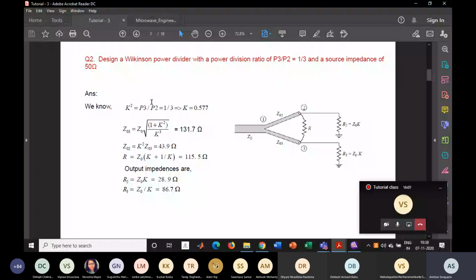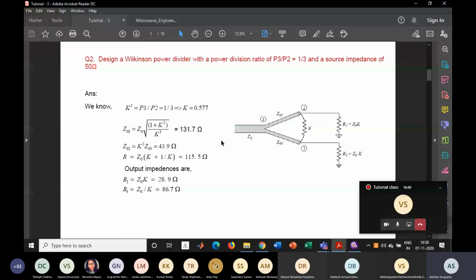Now using these equations, we can find out what are the characteristic impedances of the two branches of this power divider, what is the resistor connected for better isolation, and what are the termination impedances of these two division branches 2 and 3. So using these equations, we can find out the values.